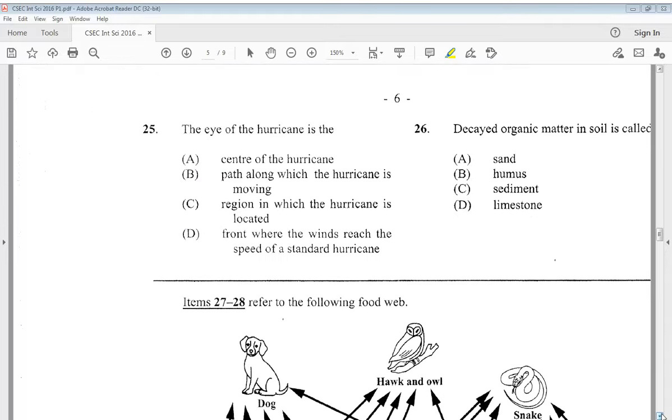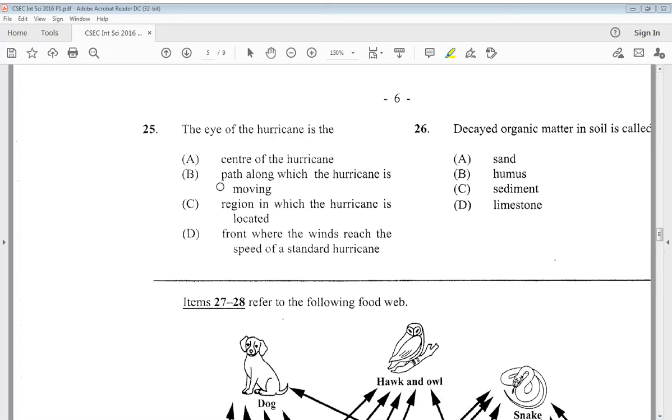The eye of the hurricane is the A, center of the hurricane, B, path along which the hurricane is moving, C, region in which the hurricane is located, or D, front where the winds reach the speed of a standard hurricane.